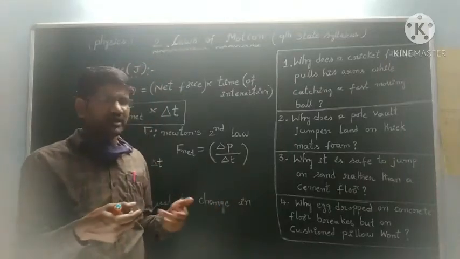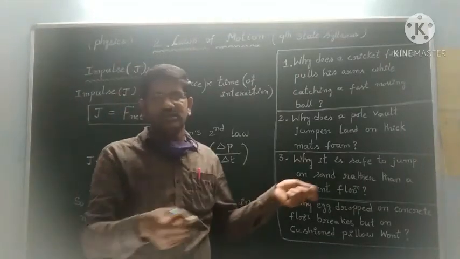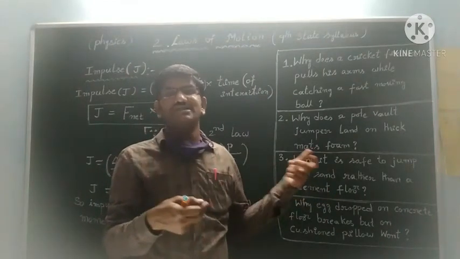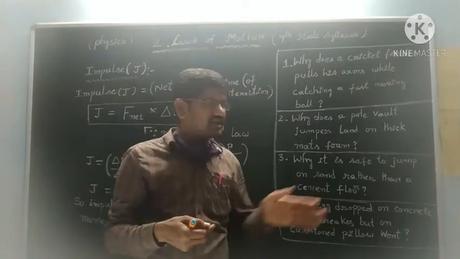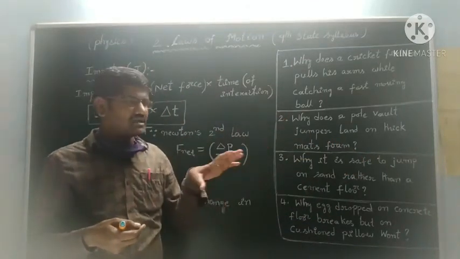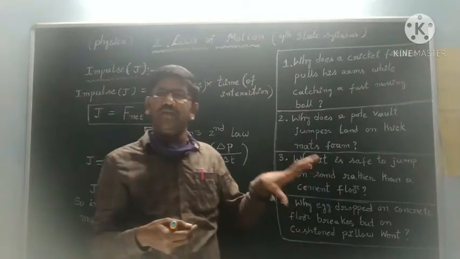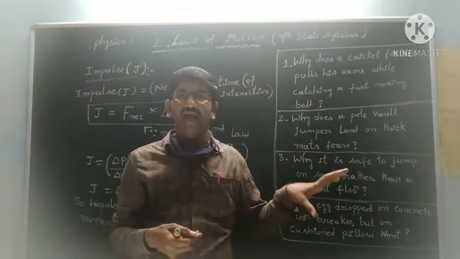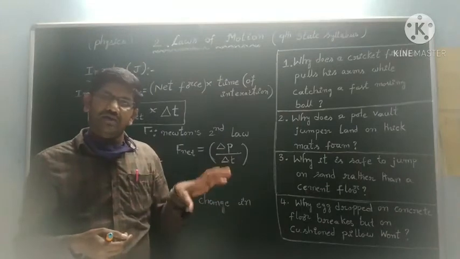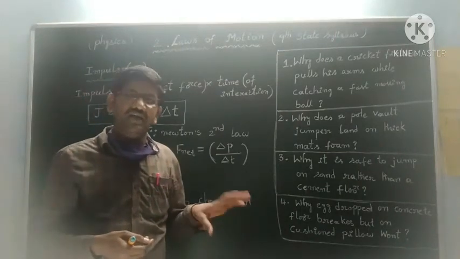Or we want to increase the speed of the car, we turn the steering, meaning the engine is exerting a large amount of force, so speed increases. Or we apply the brake suddenly, we are applying a greater amount of force in a short interval of time, then the momentum decreases in that time.